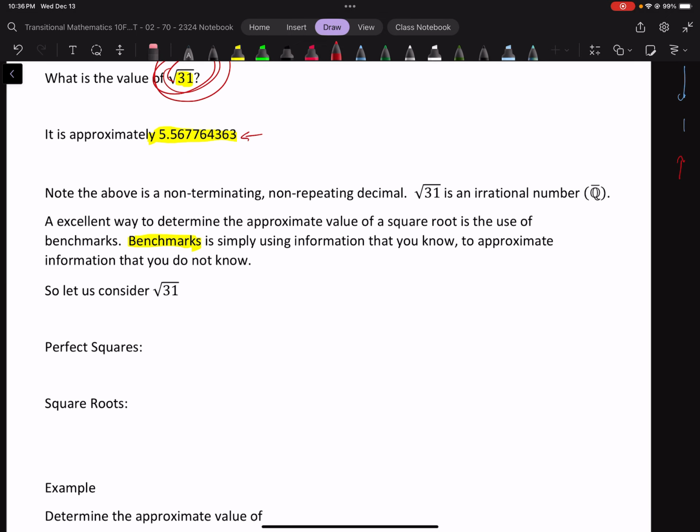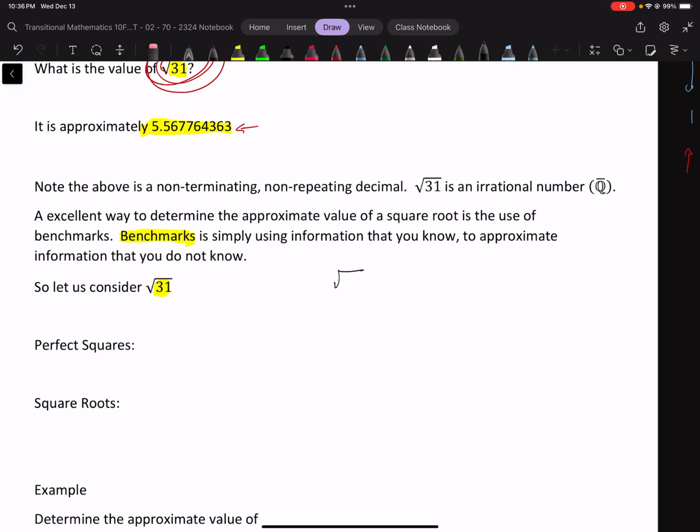So let's consider the square root of 31. We look at the radicand, which is 31, and what we know is 31 is not a perfect square. If this was, for example, the square root of 36, I would know the square root. If it was the square root of 4, I would know the square root.